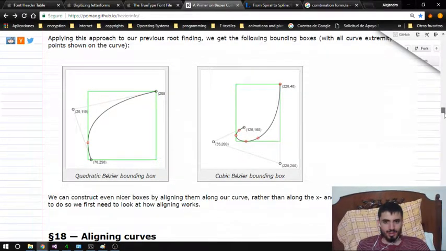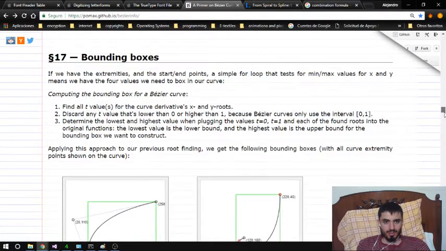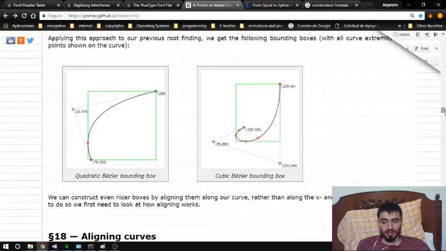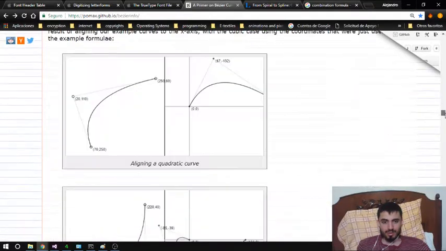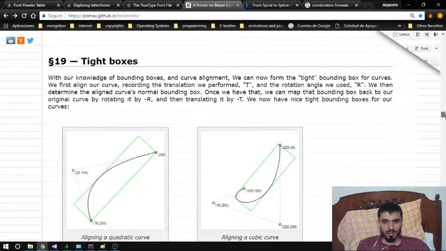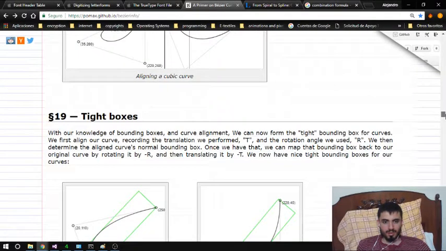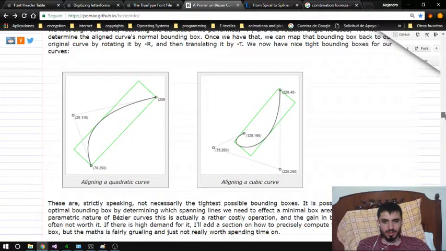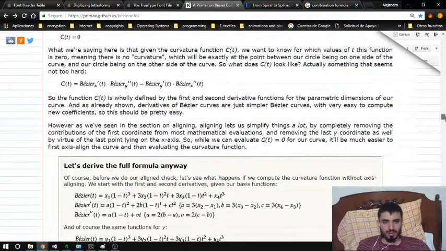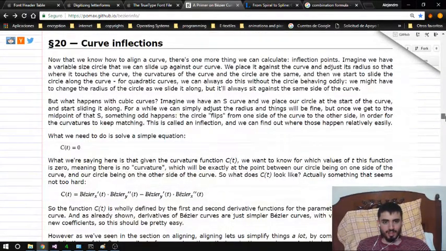That's the bounding box, which probably also we want to look at the bounding boxes and stuff, because that's how we are going to draw the words itself. Type boxes. Okay, the minimum box possible. The curve inflections.